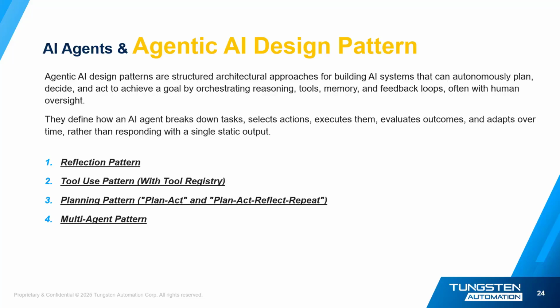So really a design pattern is just a structured approach to how you're going to build your agent that means it's going to operate in a more predictable way, so giving you more consistent results as you run these automation agents at scale.